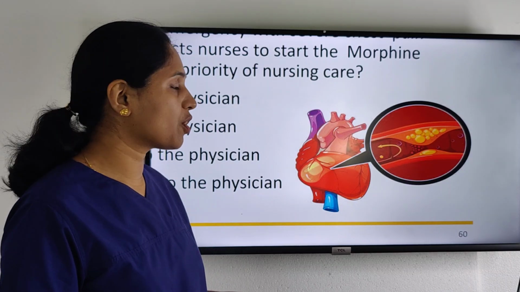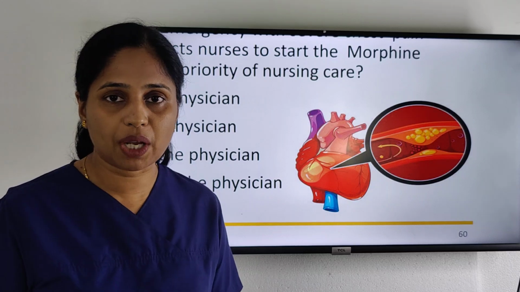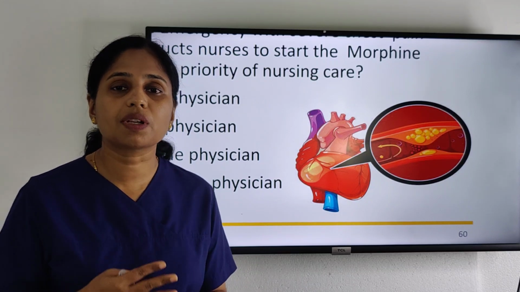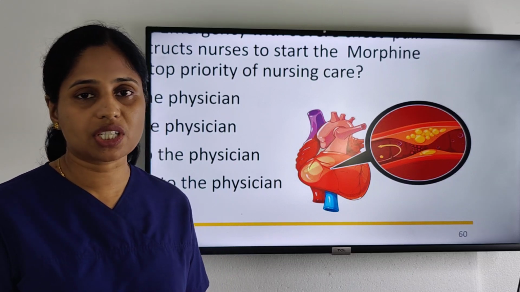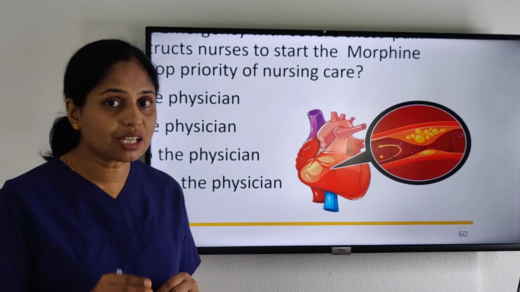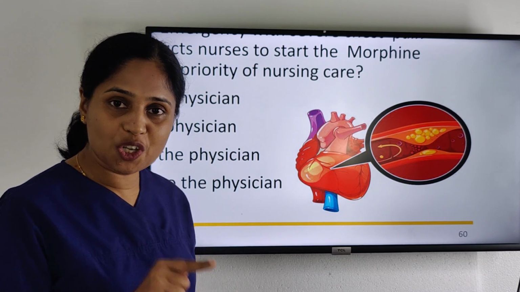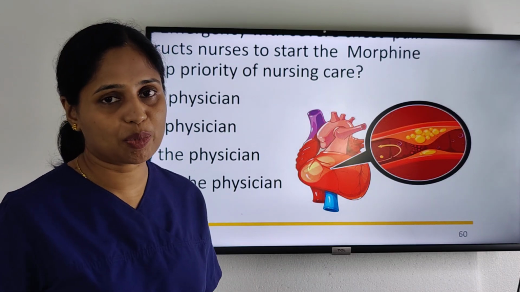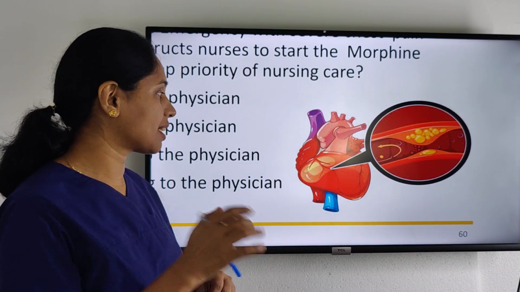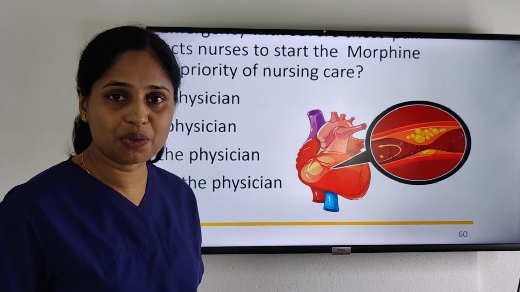Clear? Because of the deficiency of oxygenated blood supply towards the myocardium, the myocardial cells will undergo hypoxia and inflammatory changes, and as a result anaerobic metabolism will happen. Because of anaerobic metabolism, some amount of lactic acid is produced, and the lactic acid gets accumulated over the myocardial tissue.